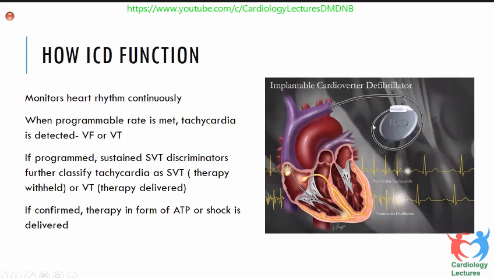But very briefly, it monitors the heart rhythm continuously. When the programmable rate is met, or what the physician defines as tachycardia, it will detect either VF or VT. If the programmed SVT discriminator is on, it will further classify the tachycardia as SVT or VT, and if confirmed, therapy in the form of ATP or shock is delivered.